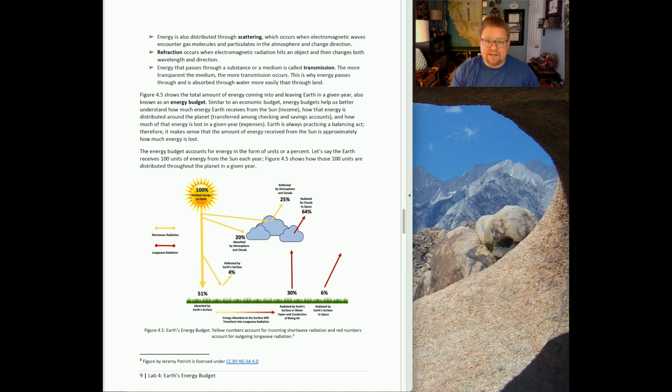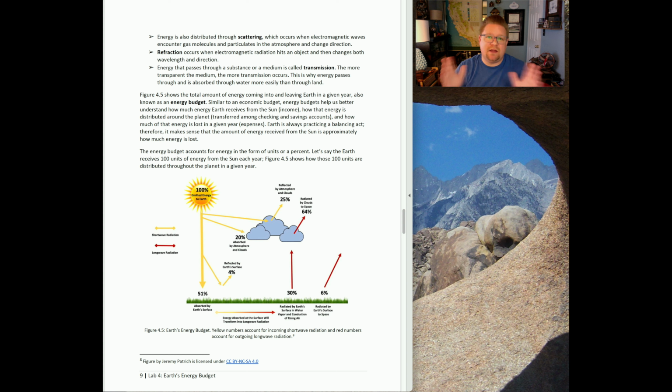Moving forward, we can see some additional phrasing such as scattering, refraction, and transmission, which brings us to this wonderful diagram, figure 4.5. This is the Earth's energy budget. Yellow numbers account for incoming shortwave radiation, and red numbers account for outgoing long-wave radiation. So this is based on an observation of just 100%.